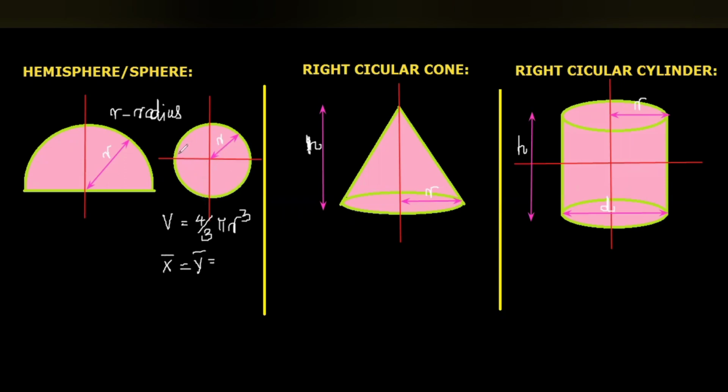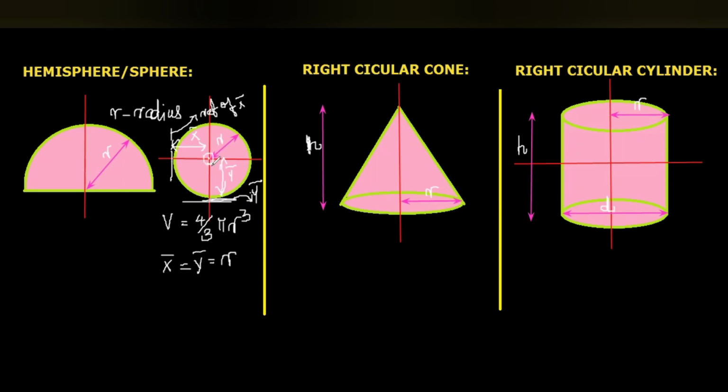For x bar, this is the reference, and the bottommost line is the reference for y bar. Whatever this distance, the x bar equals the radius, and the y bar also equals the radius, because the center of gravity will be at the center of the sphere.